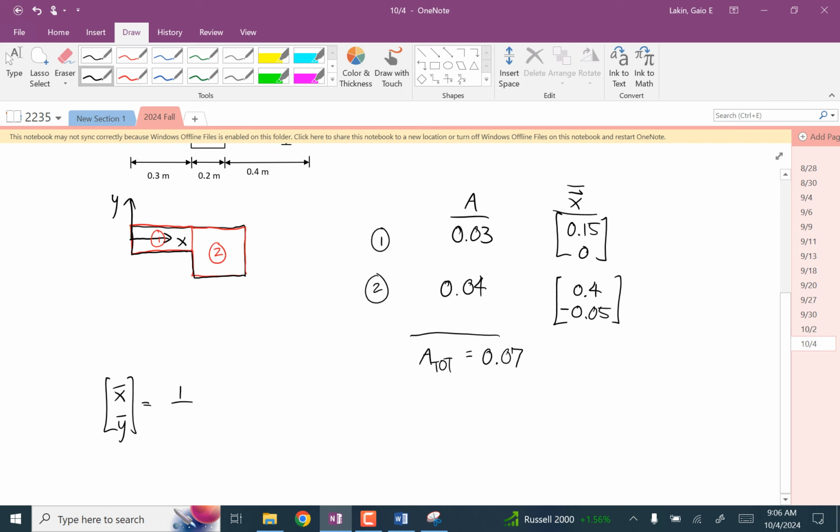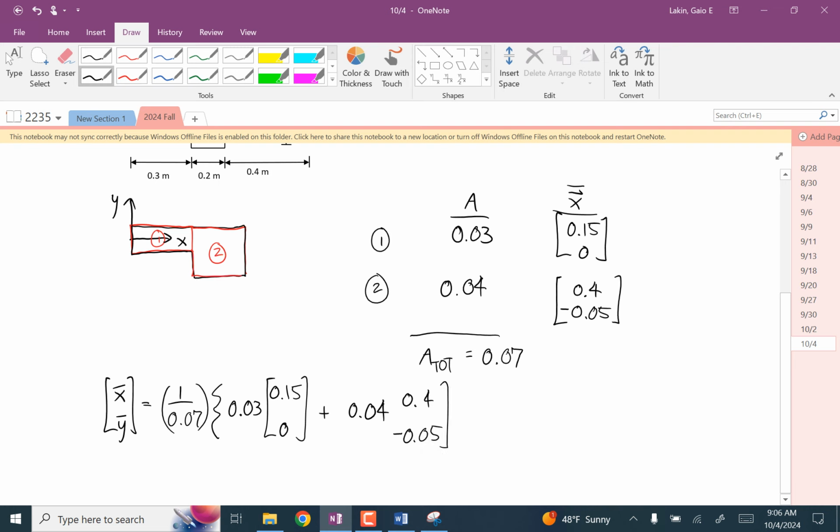So we have 1 over 0.07 times the quantity 0.03 times 0.150 plus 0.04, which is the area, times 0.4 negative 0.05.